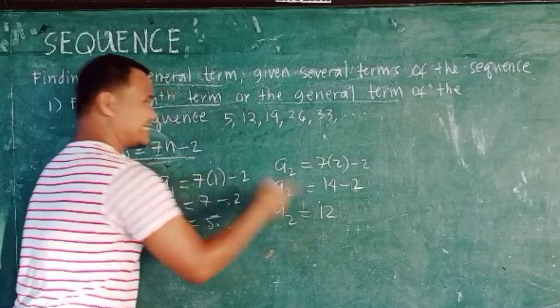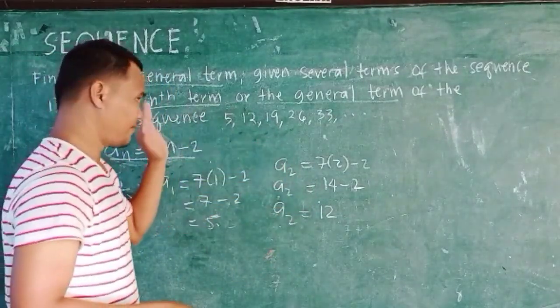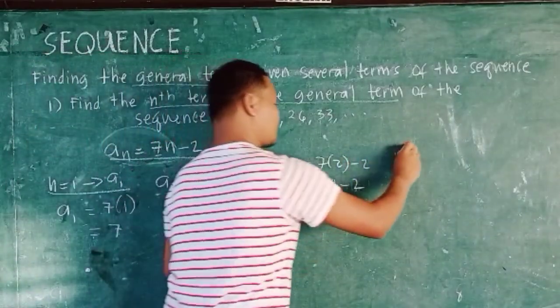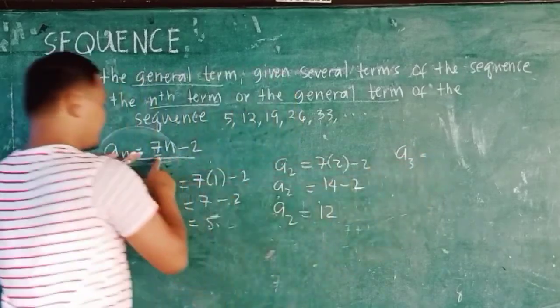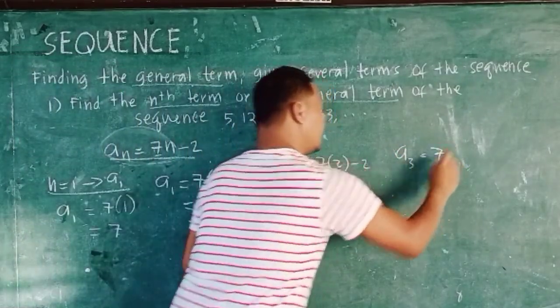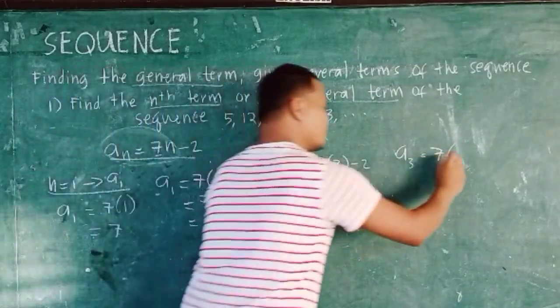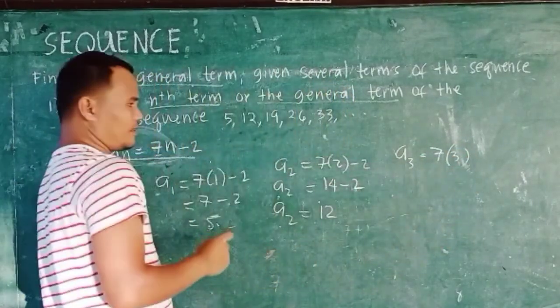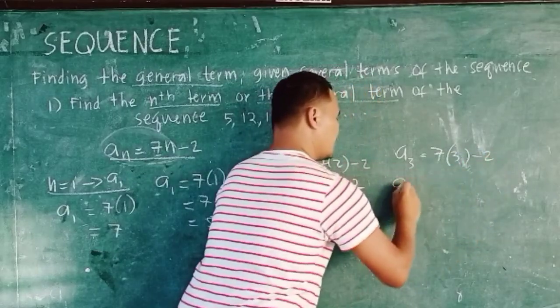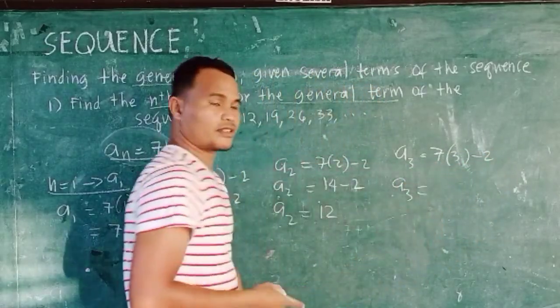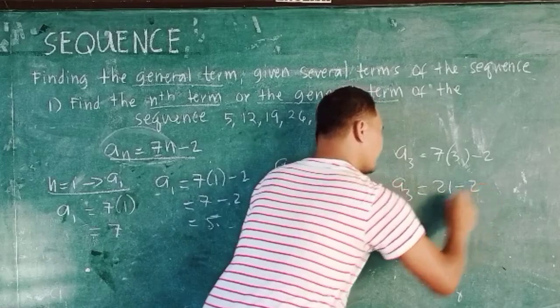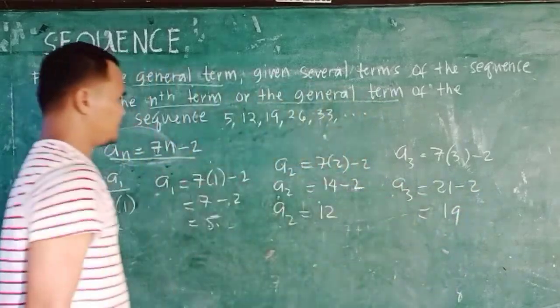Are they equal? Yes. They are the same. How about a sub 3? We are using this one. So 7 times 3, because our n is 3, minus 2. A sub 3 equals 7 times 3 is 21, minus 2, that's 19.